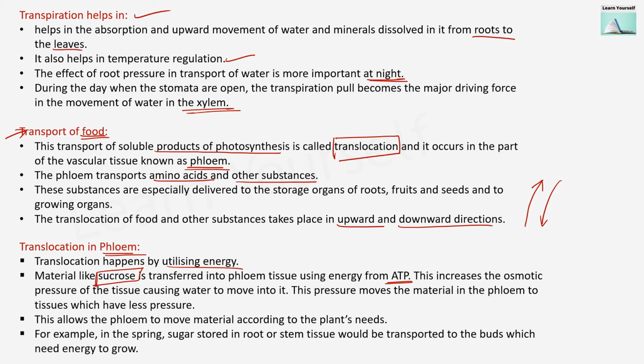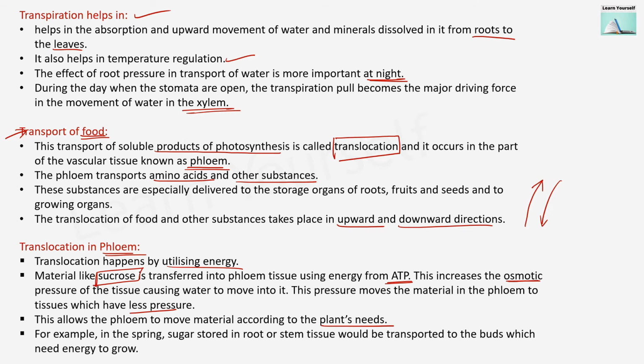We have learned about this pressure, that is osmotic pressure, which functions on the basis of difference of pressure. So this pressure will move from more pressure to less pressure. So the material will go to the tissue which has less pressure. This allows the phloem to move material according to the plant's need.